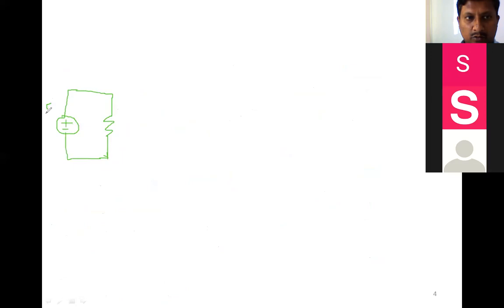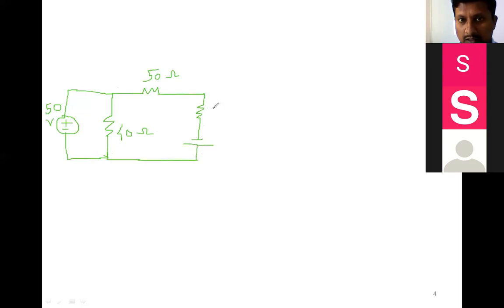So this will be the 50 volt. This will be 40 ohm. Next, this resistor will also be 50 ohm. Next, this will be 20 ohm. This will be 10 volt.